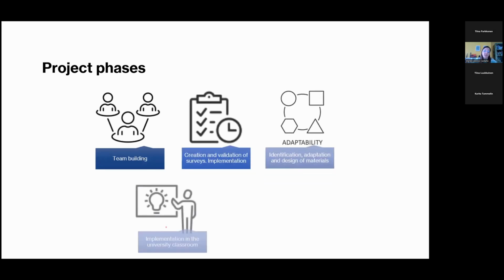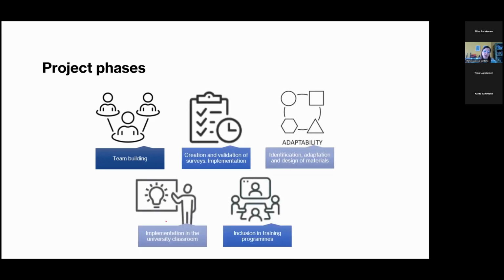We have team and sub-team building, the creation and validation of a service on manipulative materials and adaptations to be applied to students and teachers from the degree, and also entities such as the ONCE, which is the Spanish national organization in support of blind people, or the Regional Ministry of Education of the Principality of Asturias, which is the region in which our university is located.